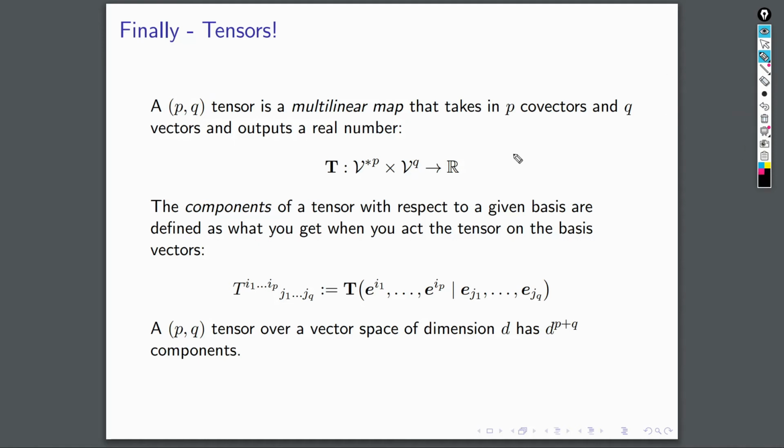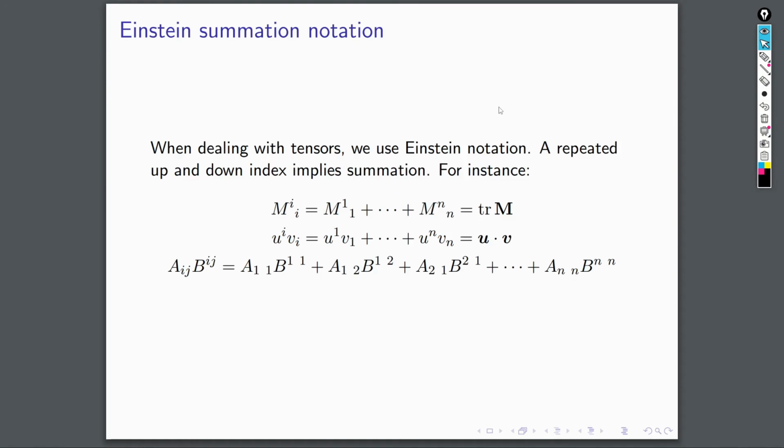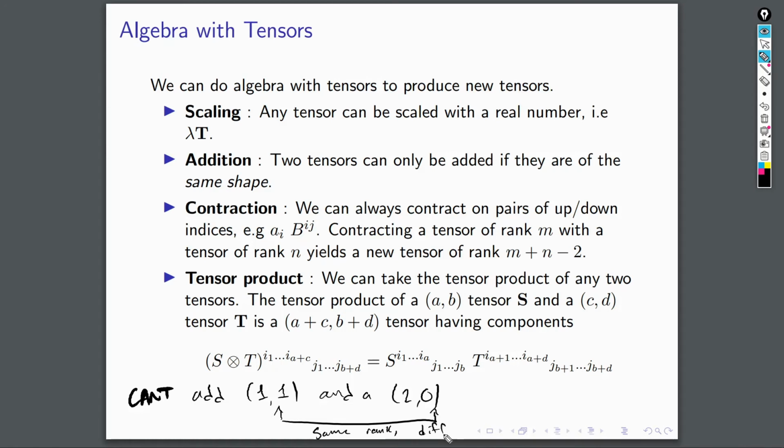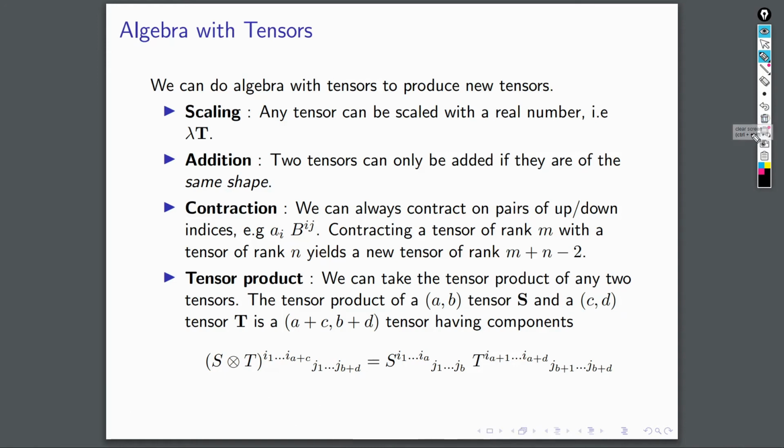And what I'm saying here is that you can only add tensors if they're the same shape. So you can't add a 1, 1 and a 2, 0, even though they have the same rank, they're a different shape. And so you can't add them.